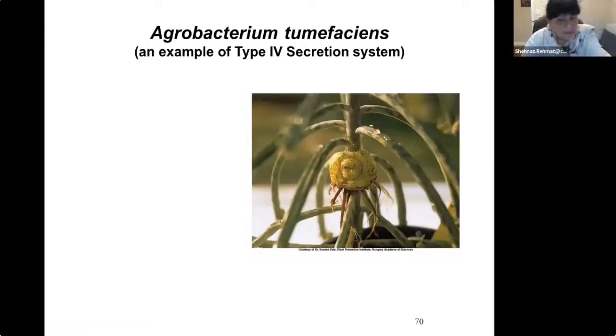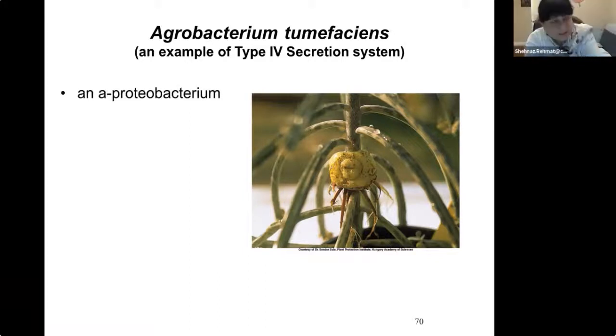We move on to the last example for today, which is Agrobacterium tumefaciens. This is again an example of the type 4 secretion system. And you know that Agrobacterium tumefaciens, as was presented in our last student presentation, is a bacterium that is responsible for these outgrowths on the plant.